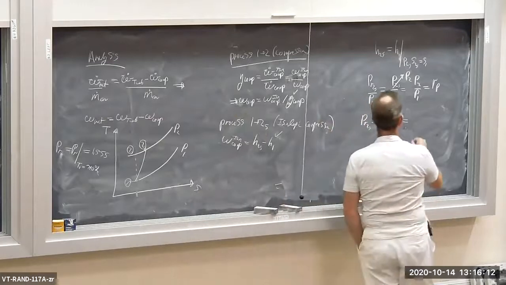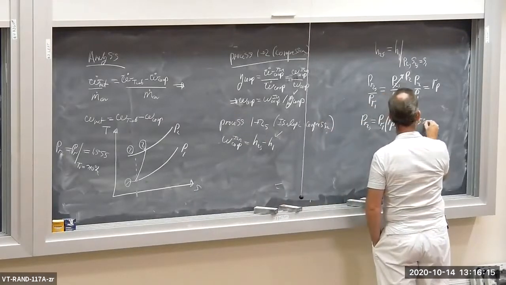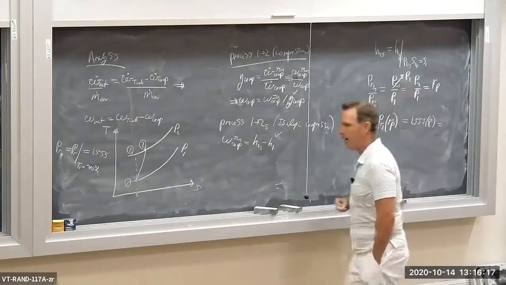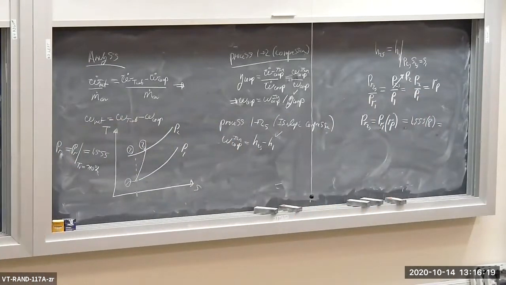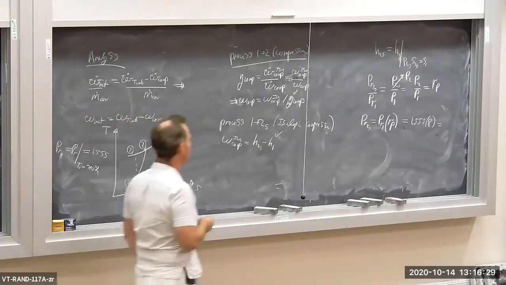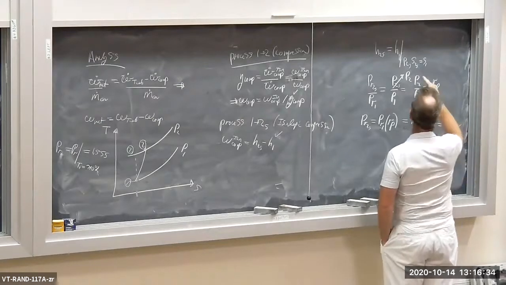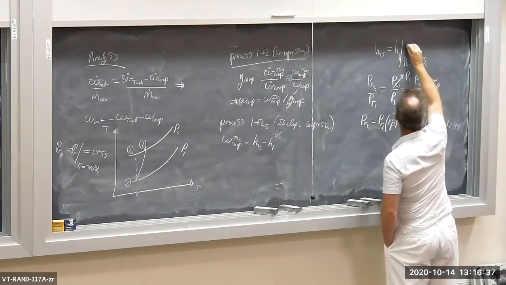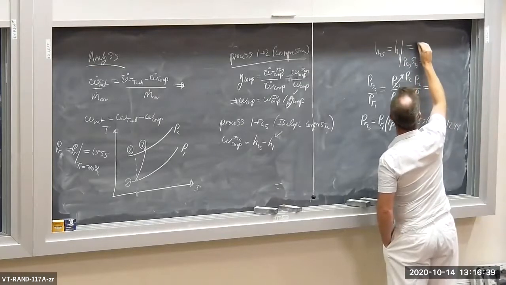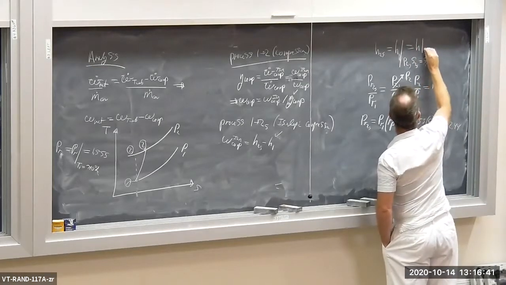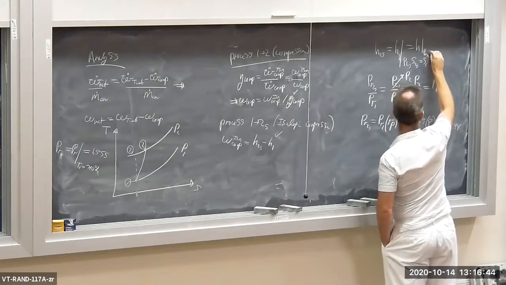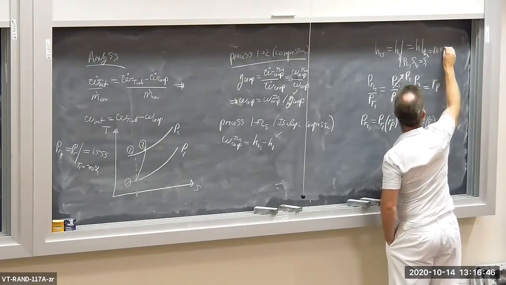Okay, so 1.555, the pressure ratio is 8, and I get a PR2 sub s equal to 12.44. So H2 sub s is H evaluated at PR2 sub s, which is 12.44.